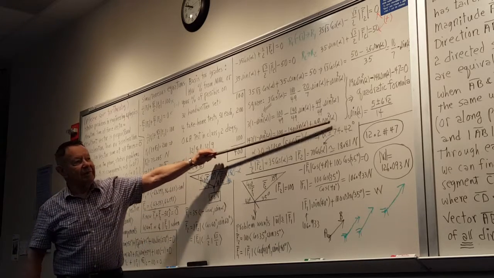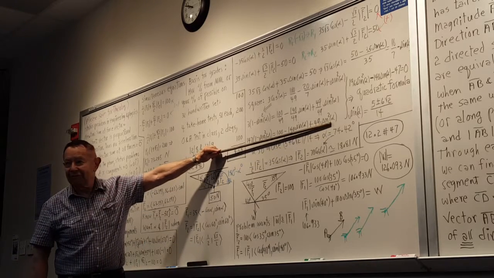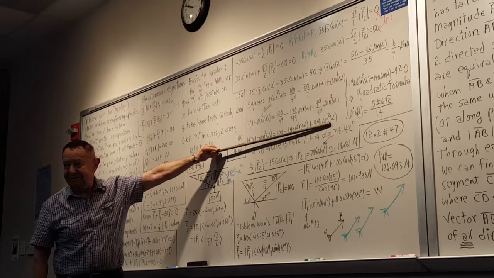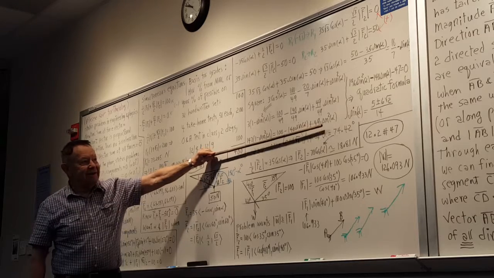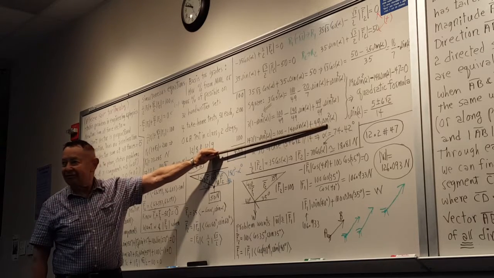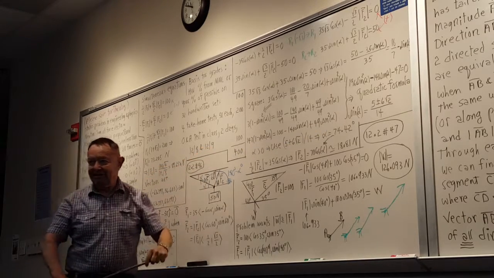So the problem here is not really so much with the vectors or with calculus. It's actually a Math 144 problem, which a 144 student would think is a pretty hard problem.